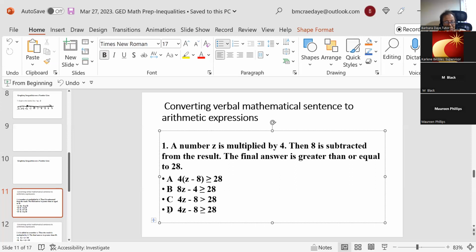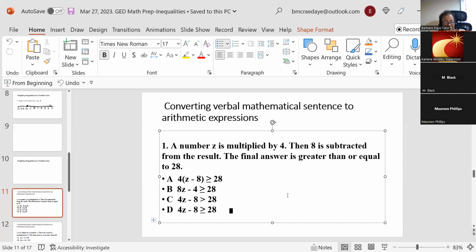Then you subtracted 8 from that 4Z, and it says greater than or equal, and the greater than or equal is the symbol, right? Okay. Now, B is saying a number Z is multiplied by 8, and 4 is subtracted from it.